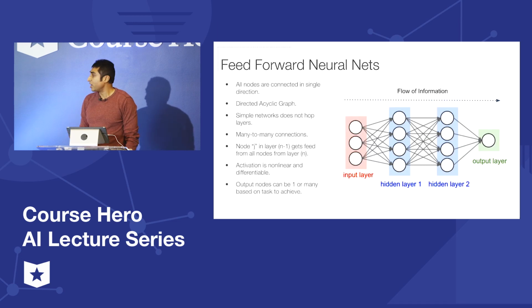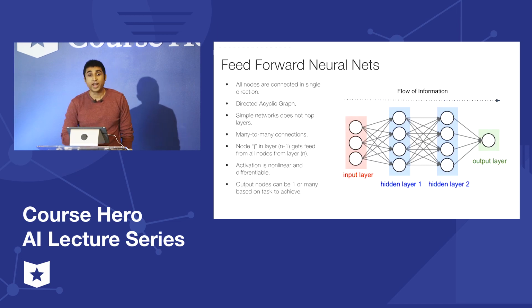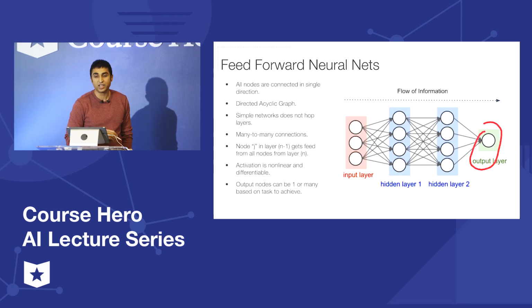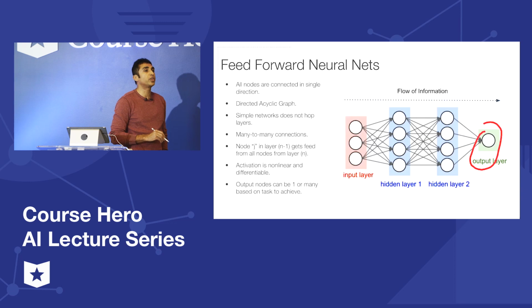We said the activation is nonlinear and differentiable. You can have more than one output, by the way. If you notice, right now we are having a single output, but there's no reason why you should have a single output.